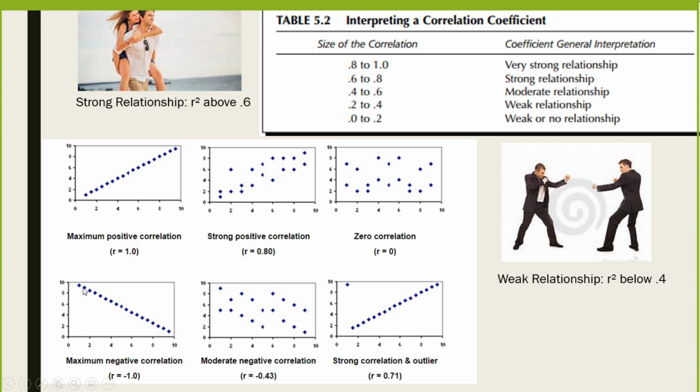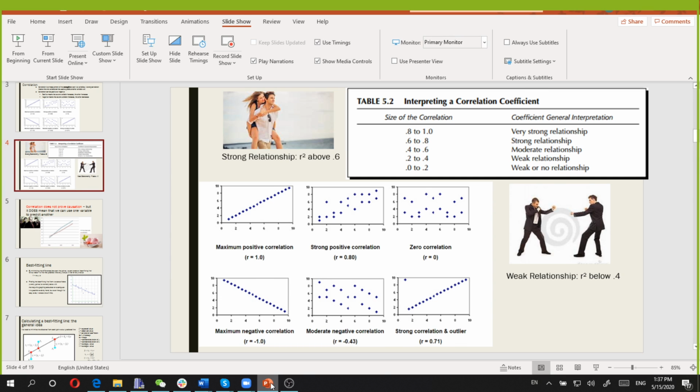Everything is in a line or in a curve. The weaker our correlation gets, the more spread out our points are around our predicted line. So the stronger our correlation is, the more predictable our results will be, which means the better fit our model is to the data.